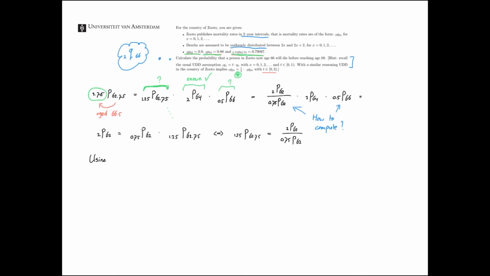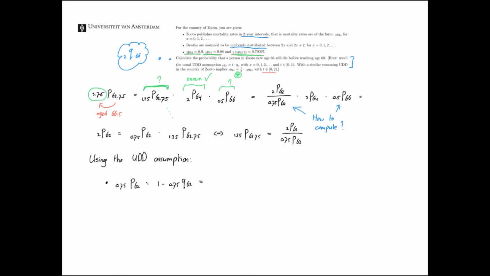So using the UDD assumption, we compute the probabilities as follows. The first one is 0.75p62. Okay, so to use this assumption, we first need to rewrite this into Q, into the 1 minus the probability of death. So that's this.